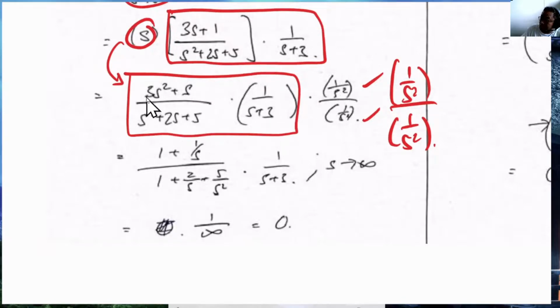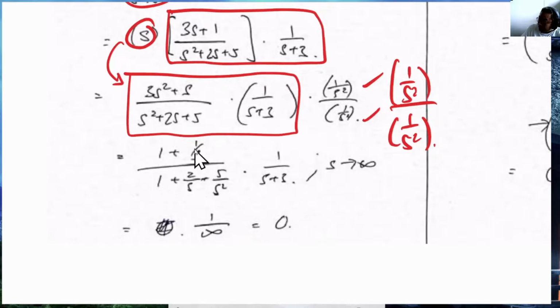1 over s squared, 3s squared will become 1, s over s squared will become 1 over s. That's the numerator. And the denominator will be s squared times 1 over s squared will become 1, 2 over s plus 5 over s squared times 1 over s plus 3. We let s tend to infinity.